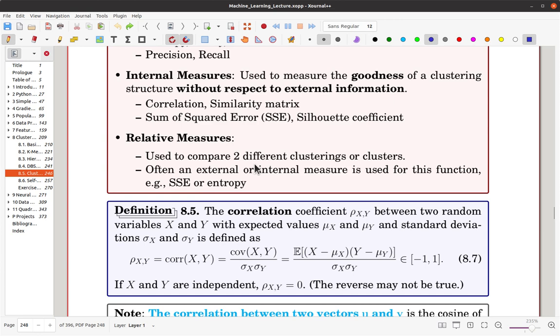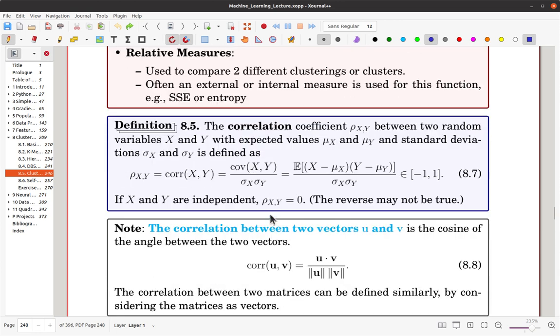Okay, here we'll define correlation coefficient rho xy between two random variables x and y with the mean values mu x and mu y and standard deviations sigma x and sigma y. The correlation between two random variables x and y is defined in this way.